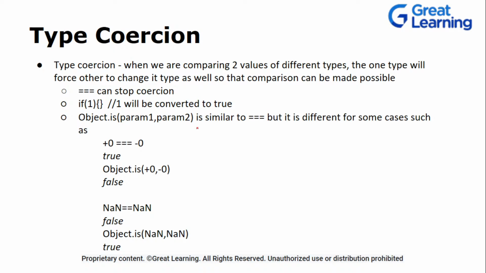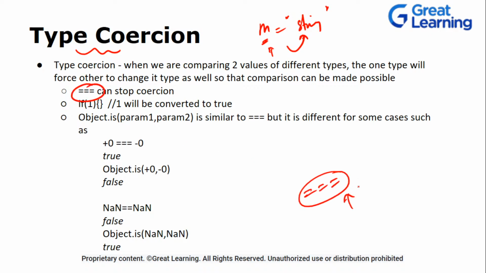Type coercion happened when n was changed into string, that means one type was forced to change into another. Now can you stop this? Yes, with the help of three equal signs. You can use this to stop type coercion.